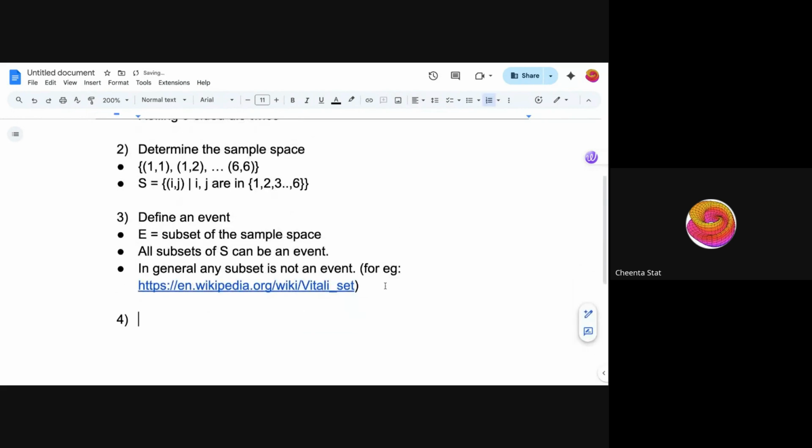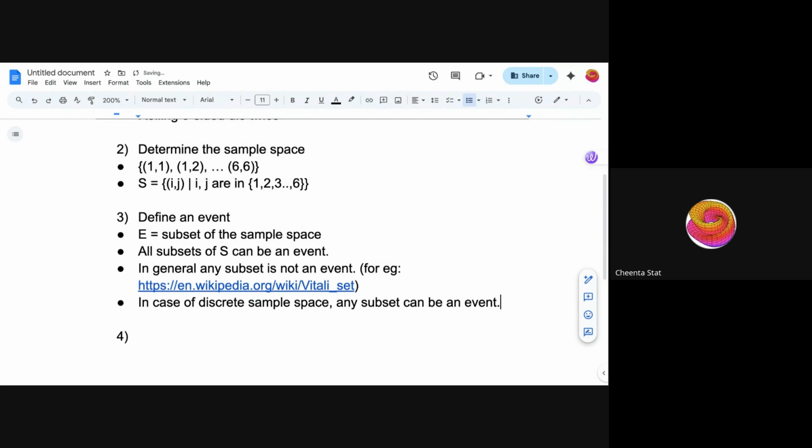But in the case of discrete distributions or a discrete sample space, any subset can be an event.